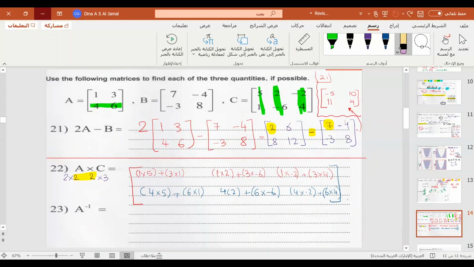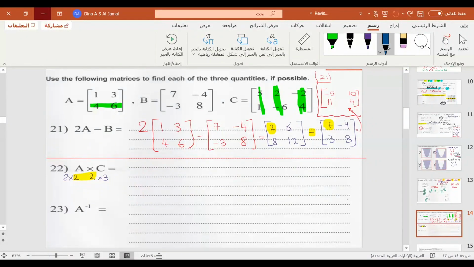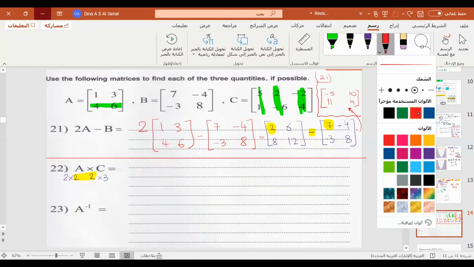So I will leave it for you and you can pause, you can look at it. Now I will be putting the final answer here for you. So you can pause or get back again to the video, look at the detailed solution.